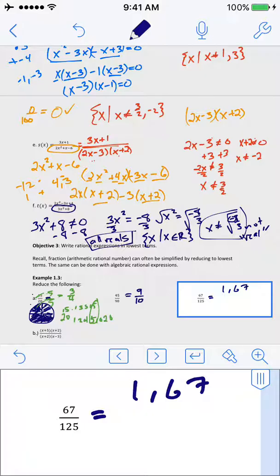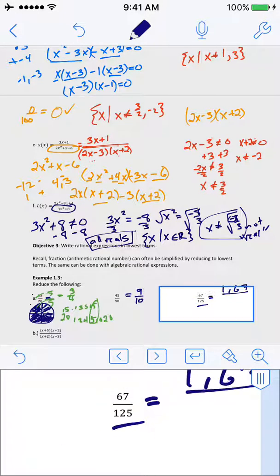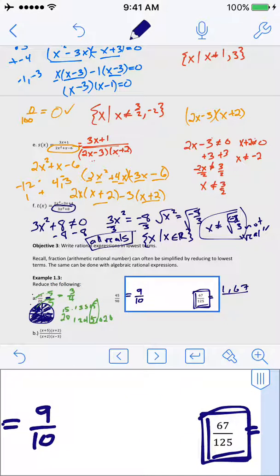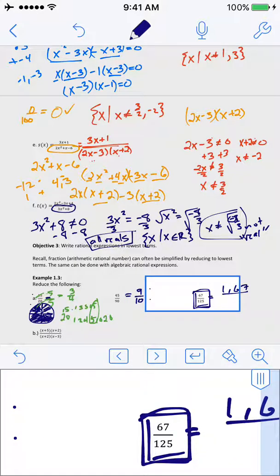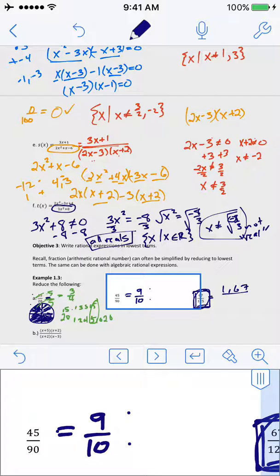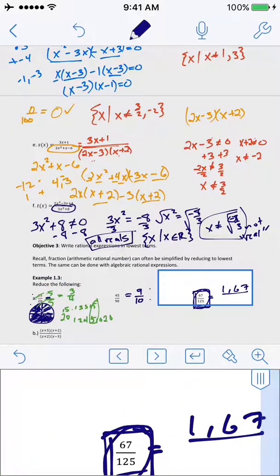Yep, 125 divided by 67 is 1.856. So since these share no factors other than 1, this is what we call reduced, simplified into lowest terms. Lowest terms means that the top and the bottom have nothing else in common, right? And sometimes it's not going to be nice, tiny little numbers, but they have nothing else in common.